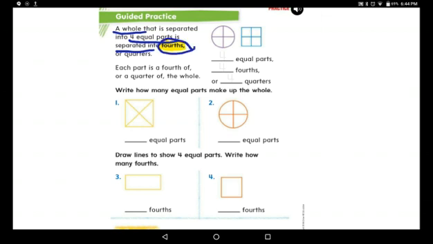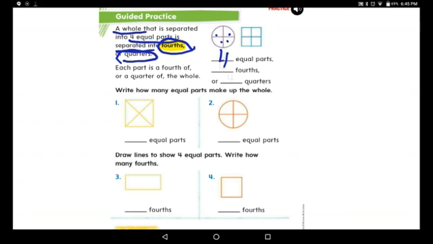Say it, fourths. 4 from number 4 and TH makes fourths. Fourths, that means quarters, 4 equal parts. Great job. Look at the circle. 1, 2, 3, 4. 4 equal parts.